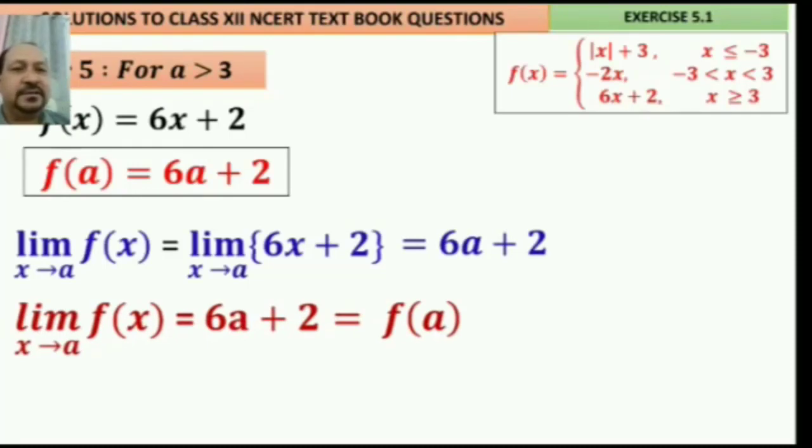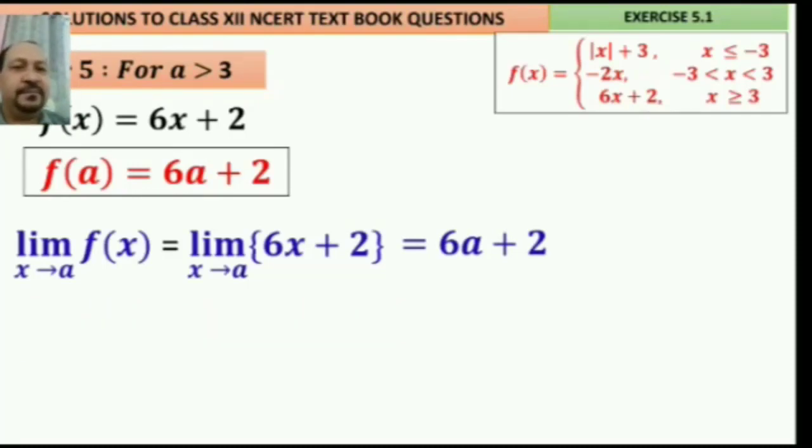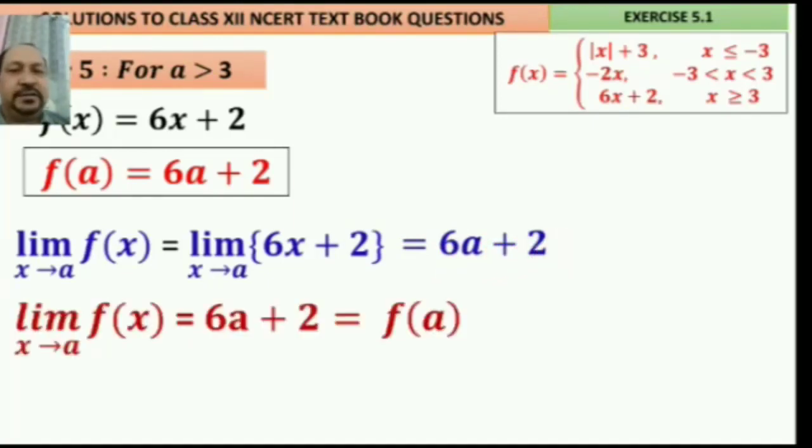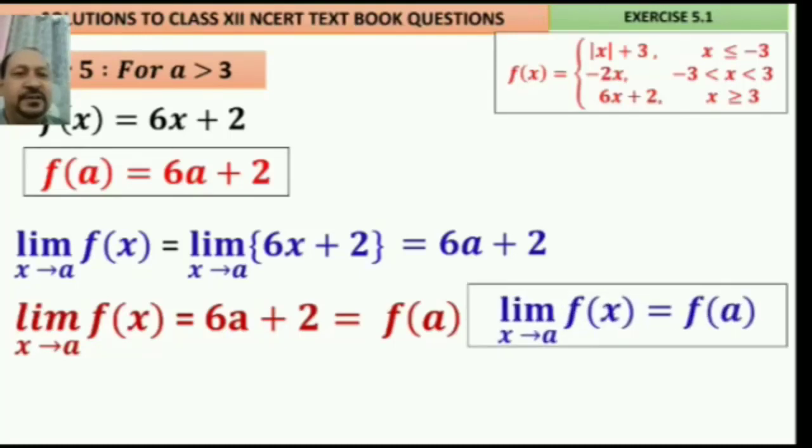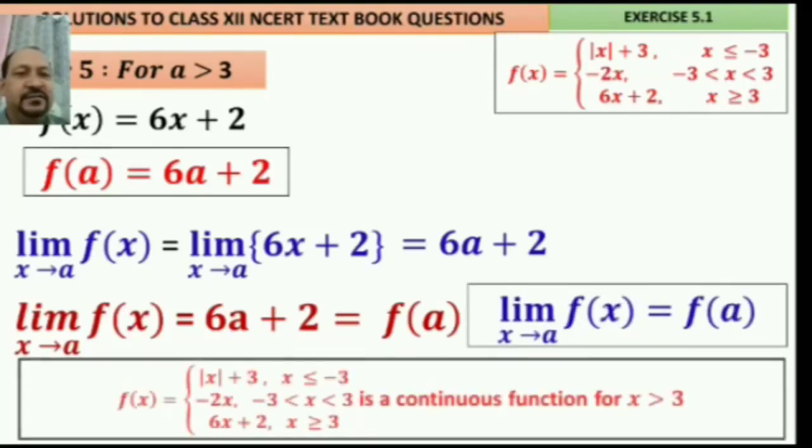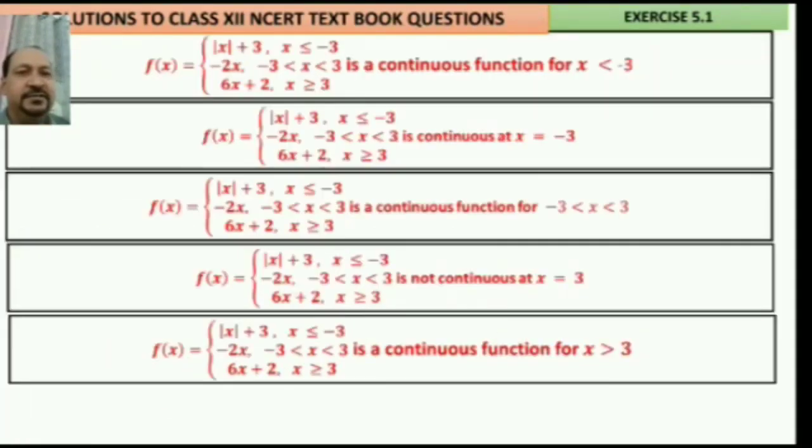It means 6a plus 2. The limit value of the function which is equal to 6a plus 2 and the functional value of the function which is also equal to 6a plus 2. Therefore, in this condition, the function is continuous.